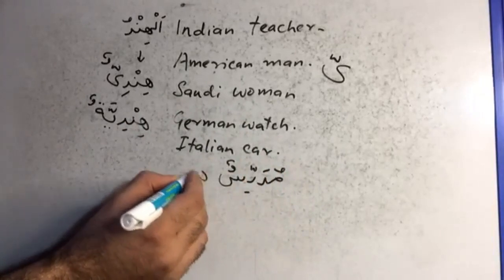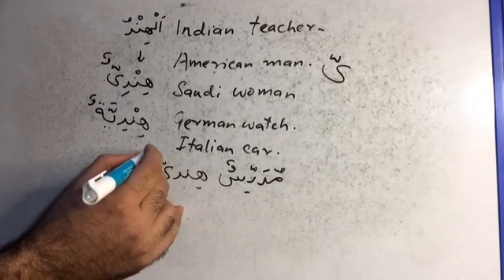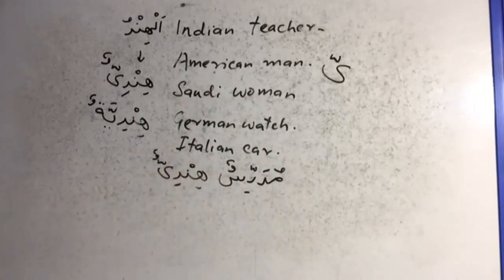Mudarrisun hindiyun, because mausuf will come first. In English, you find the teacher coming next, but here in Arabic, because we know mausuf comes first and then comes the sifat. Here its sifat is that it's Indian, so it will come next. The case will remain the same. Case will not change.